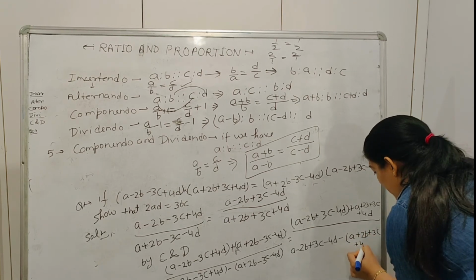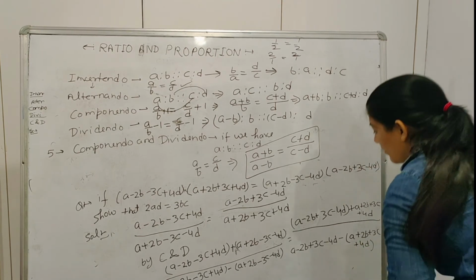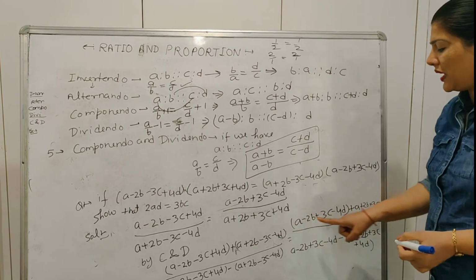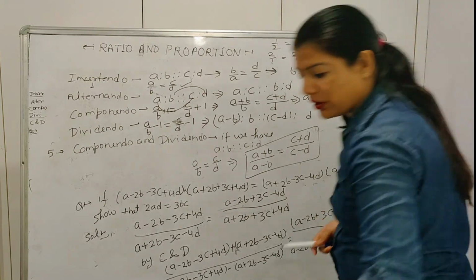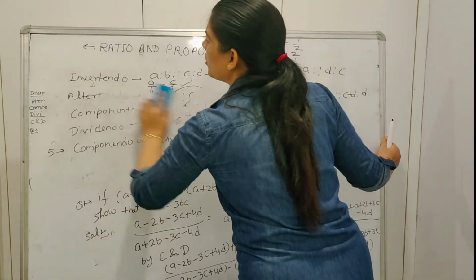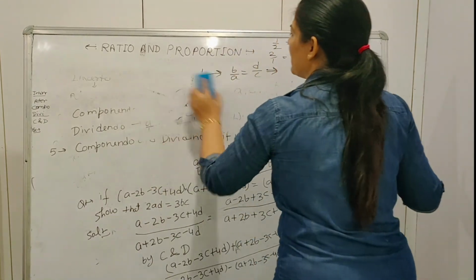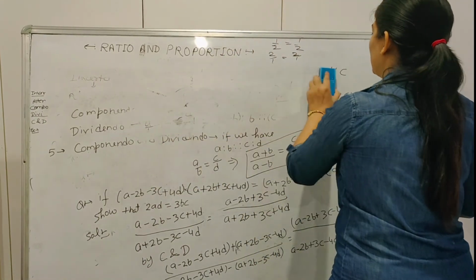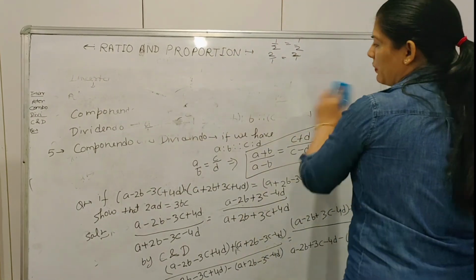Okay. If you are applying a bracket here, that will make no difference, because to the numerator we have a plus sign, and a plus sign doesn't make any change before the bracket.